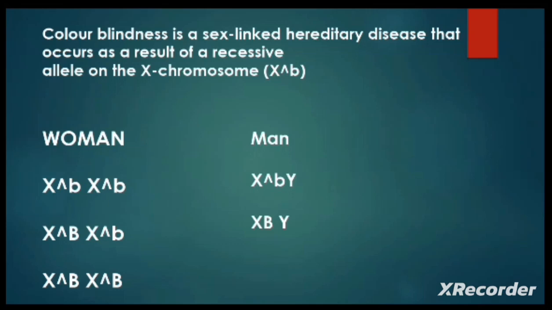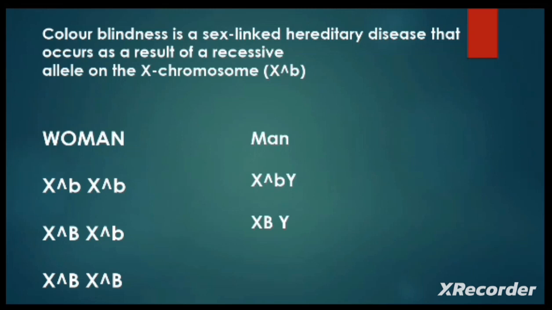And a normal man would have X capital letter B and then Y. The capital letter B tells us that the man does not have the disease because it is caused by a recessive allele, not a dominant allele. Remember, recessive means small letters. Dominant means big letters.